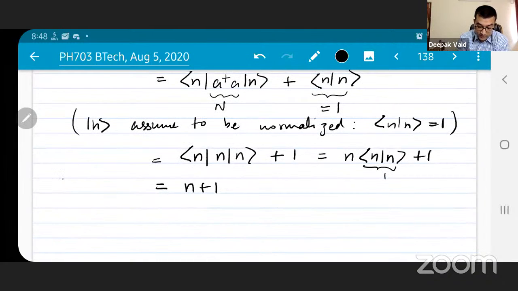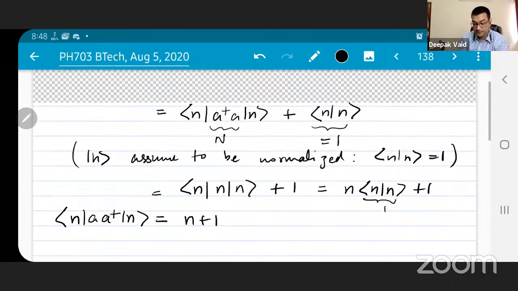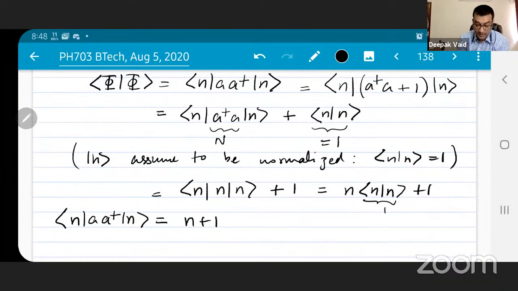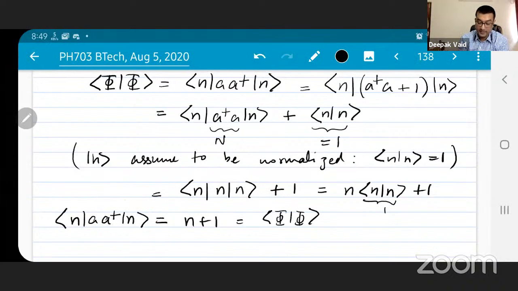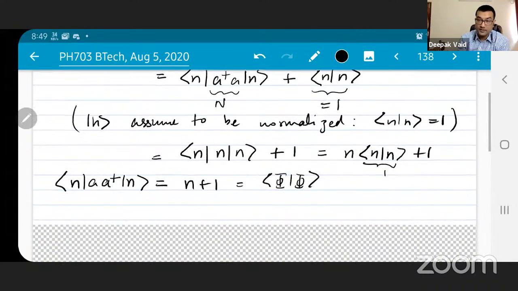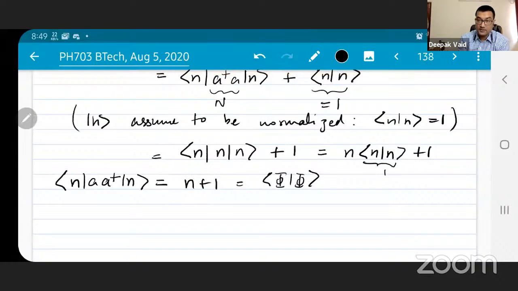And so what is this n plus 1? This is the norm squared of the state phi. So what is phi? Phi is what I get when I act with A dagger on |n⟩. And the norm of that state phi is n plus 1, right?